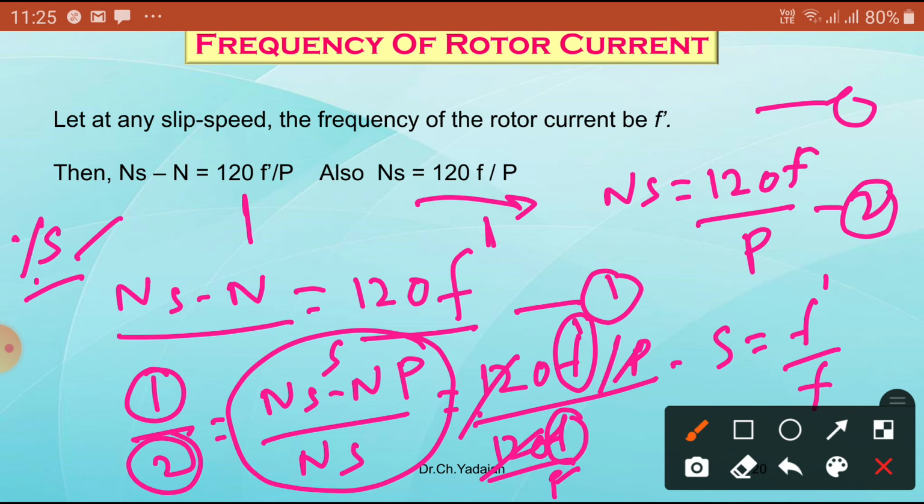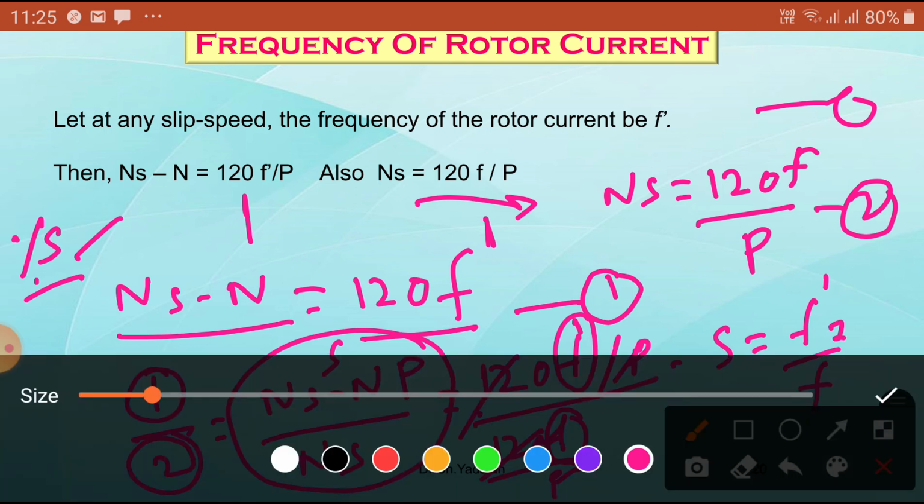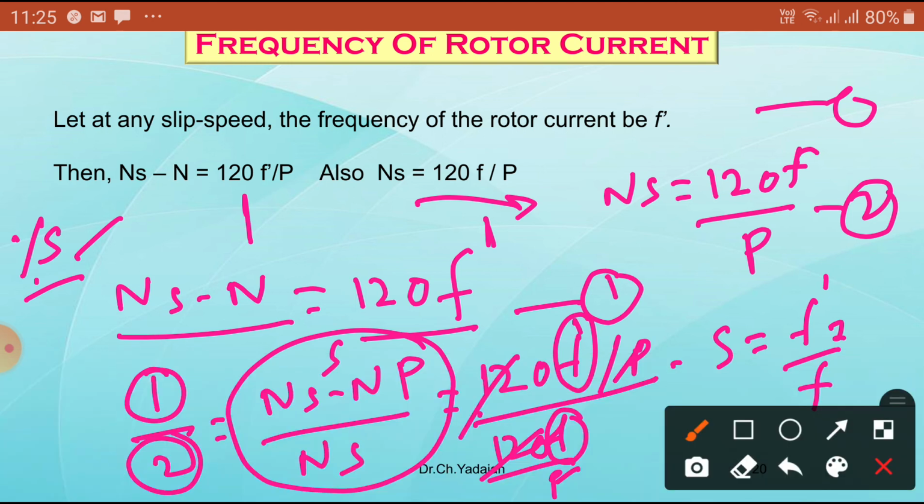So what we have got is that F dash is equal to S into F. This is the equation.